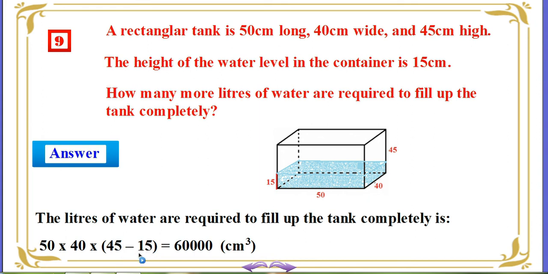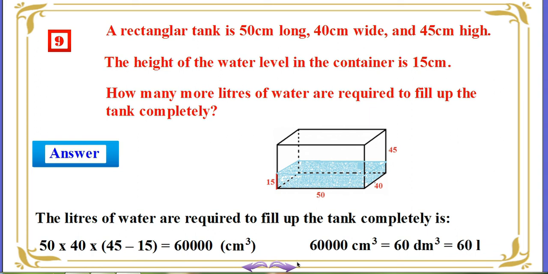So you have 60,000 cubic centimeters. And this is not the answer. You have to change it to liters. So 60,000 cubic centimeters you change to 60 cubic decimeters, and this is 60 liters.